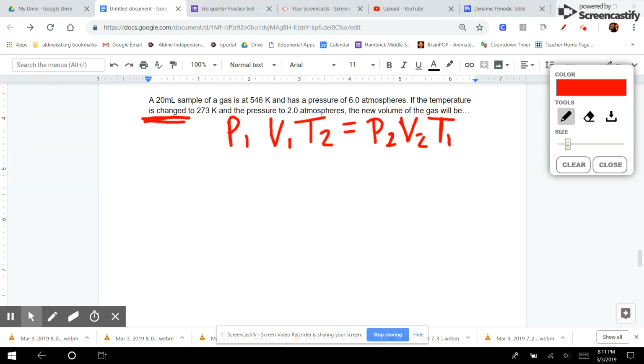So the variable that I'm solving for, because I still have to rearrange this formula, it says the new volume. So that means my second volume. So using simple algebra, I'm going to move P2 and T1 over to the other side so that V2 is isolated.